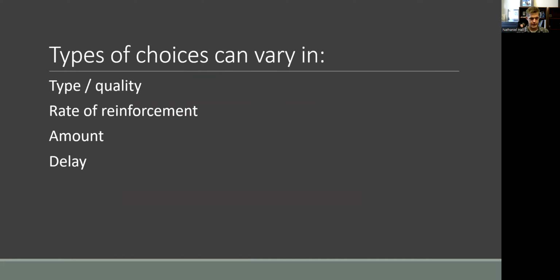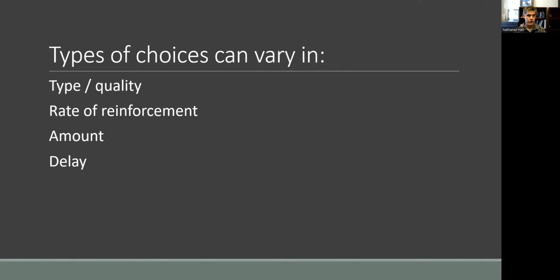Our types of choices between reinforcers can vary between type and quality. So whether it's a toy versus food, whether it's some type of not very palatable kibble versus a highly palatable kibble or treat, the rate of reinforcement, we talked about schedules of reinforcement, so a rich schedule of reinforcement versus a lean schedule of reinforcement, or we can have a lot of reinforcement or a little reinforcement, so a variation of amount.